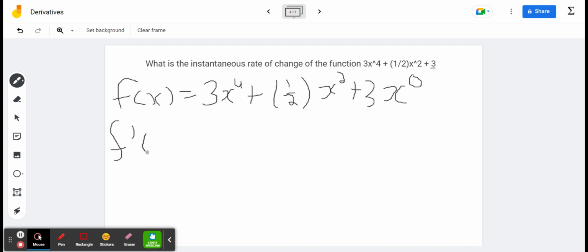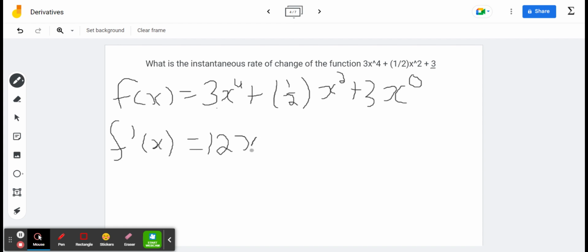So f prime of x is going to equal, we can add the derivative of each of these terms. So what's the derivative of 3x to the fourth? We're going to multiply 3 times 4, which is 12. And then we're going to subtract the exponent by 1.